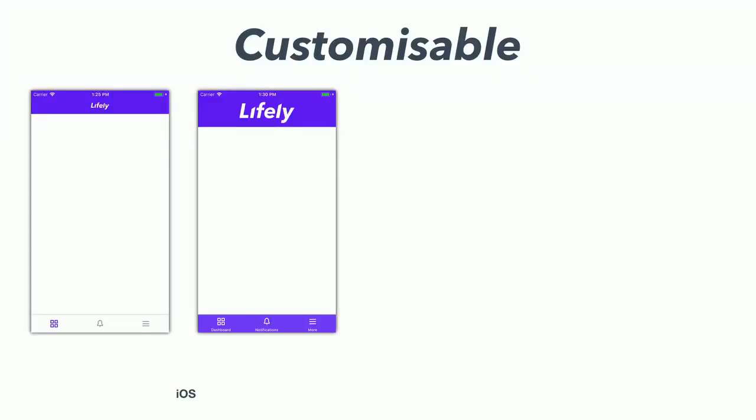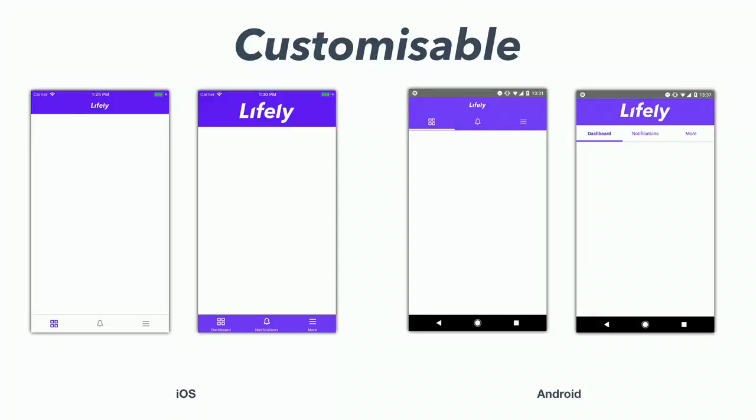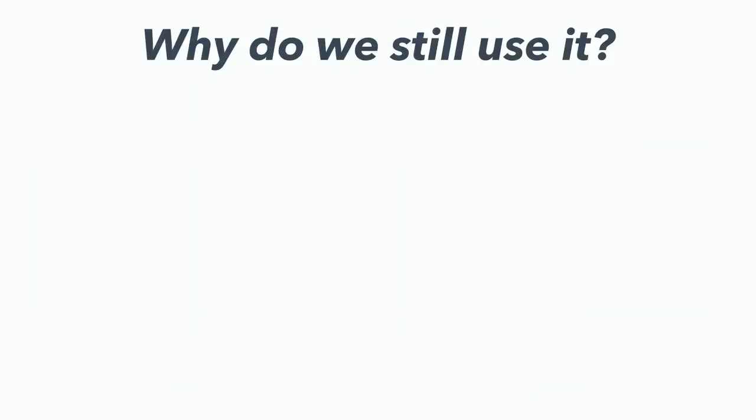You can do a lot of things to create it to your own needs. Here I changed a couple of colors. I added titles to the bottom bar, and maybe the navigation bar is a little bit different. For Android, the same thing. You can do whatever you like, but the benefit is we can only set it up in one way and just style it to our needs.